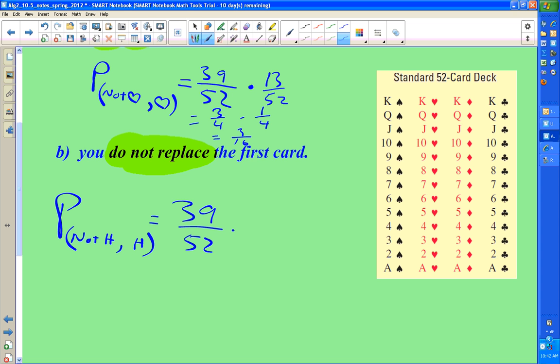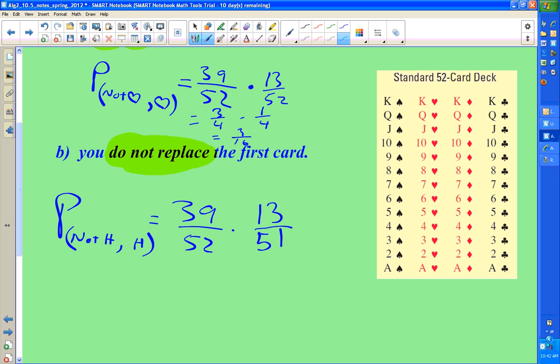What will the heart probability be? 12 over 52? Close. 13. The 13 is the heart, because we did not pick a heart in the first one. But we did pick a card, which dropped us to the 51 in the denominator.